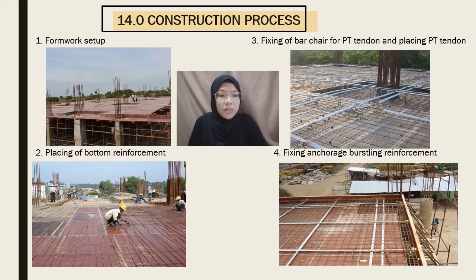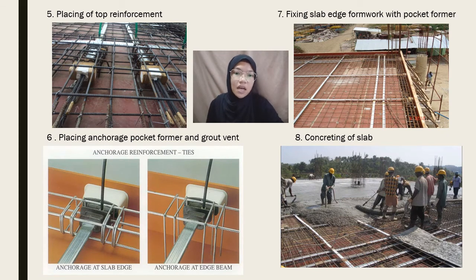After that, we must fix the anchorage bursting reinforcement. After that, we must place the top reinforcement, which is wire mesh. After that, we must place the anchorage pocket former and grout vent at the slab edge and the slab beam. After that, we must fix the slab edge formwork with the pocket former.